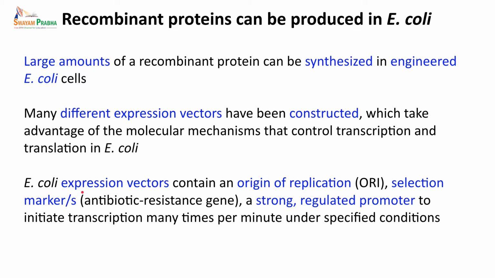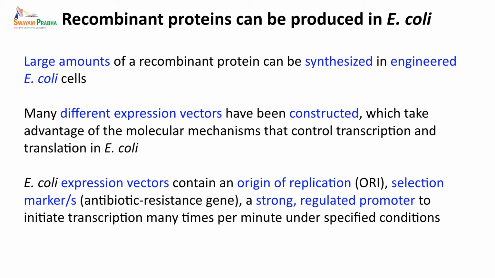Okay, and lastly, when we are using these expression vectors, as you know, they are different from the cloning vectors, because in cloning vectors, all you need is an origin of replication and some kind of a selection marker, and you can just clone your protein.